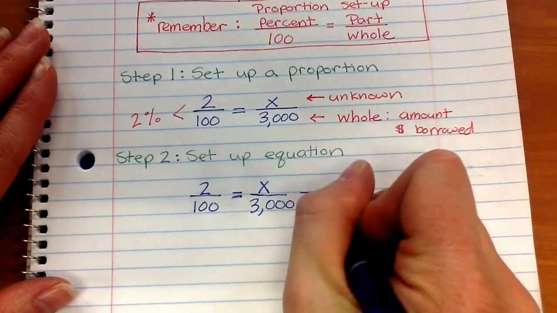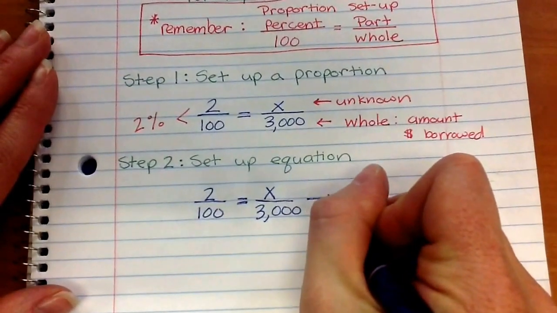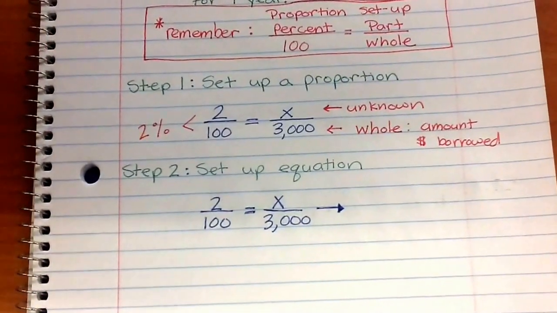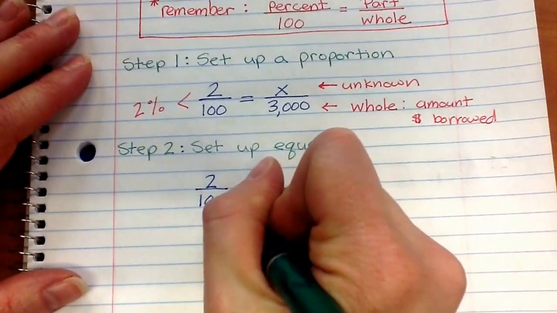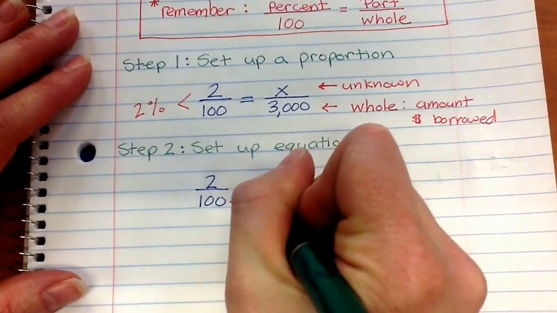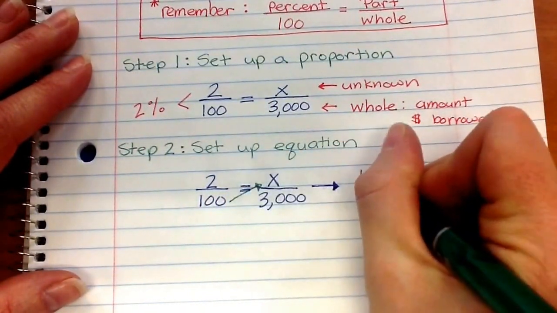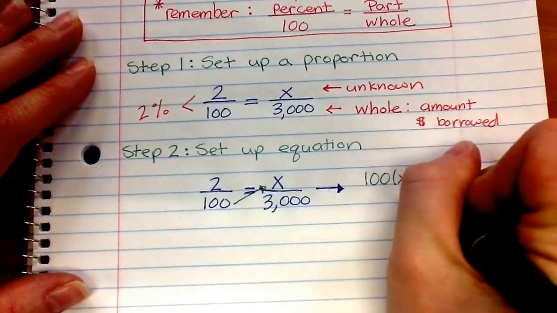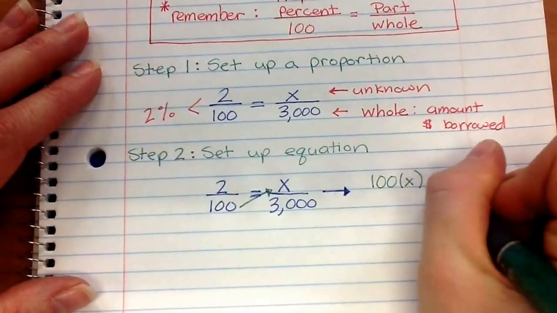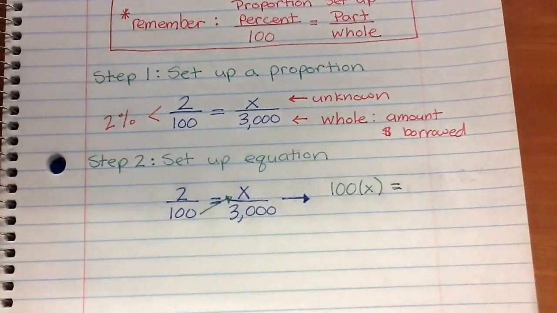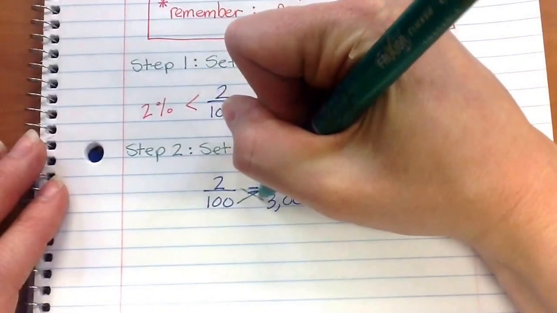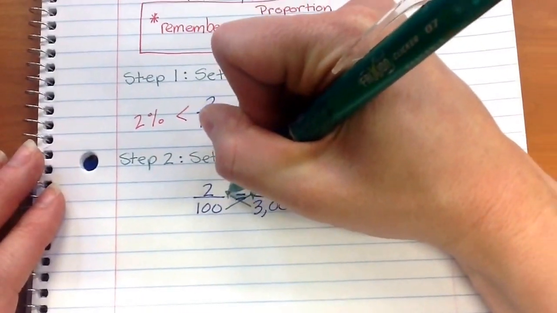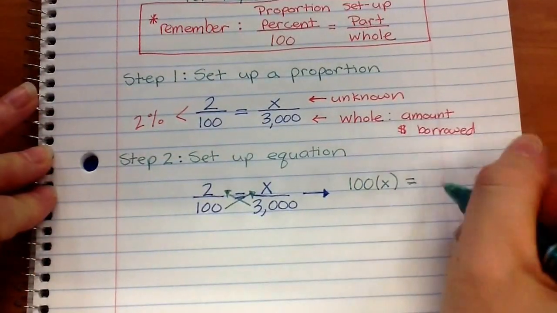Now, to set up my equation, I'm just going to cross multiply in order to do this. So I'm going to start over here and cross multiply 100 times x. And then I'm going to make this equal to the other direction, which is 2 times 3,000.